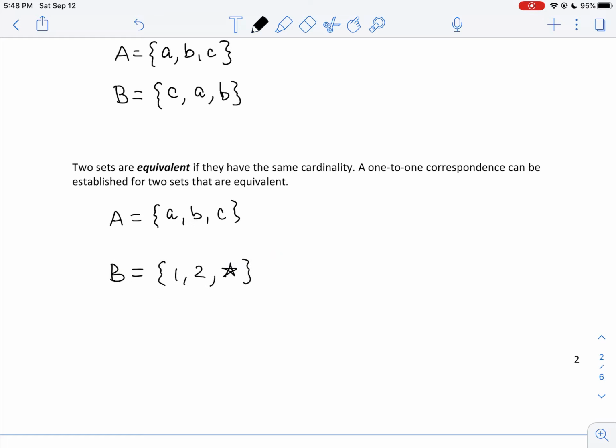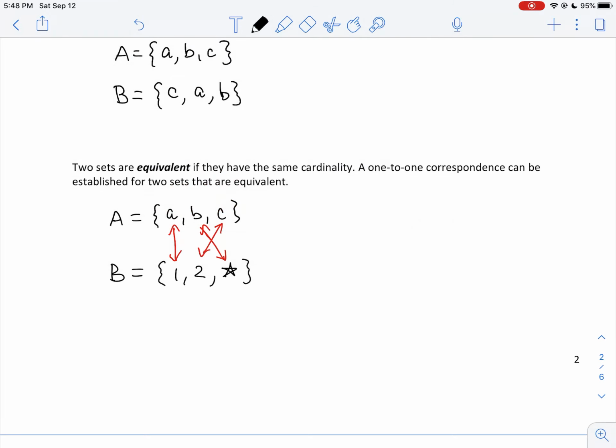In such a case, it's possible to establish some sort of one-to-one correspondence between the elements of the two sets. So I could correspond A with 1, the B with the star, and the C with the 2. There's variety, but for every one element in A, you could match it with an element of B, and then everyone would have a partner, so to speak. There's a one-to-one correspondence with these two sets.